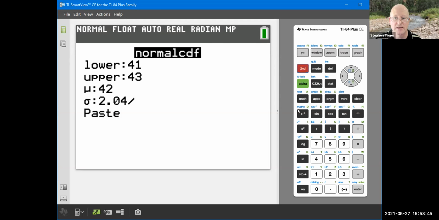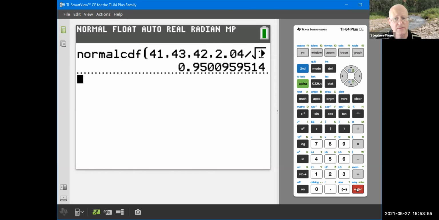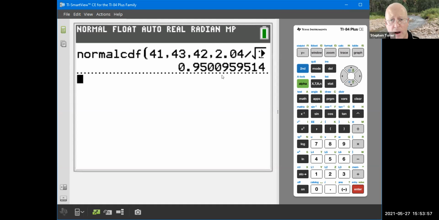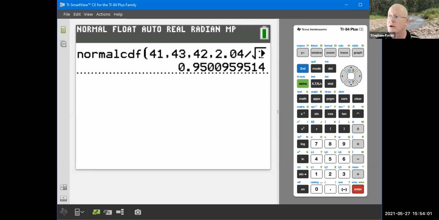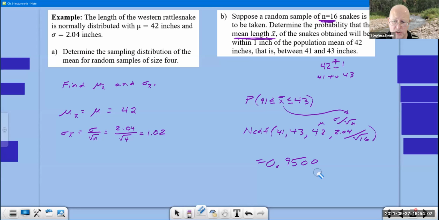So second, square root, there's my 16 being entered in there. And when I hit paste and enter, there's the 0.950. Well, I probably should have ended that with a 1 by rounding there. So I'm glad I actually went and did this with you, because now I'm going to go change this answer to end in the value 1.